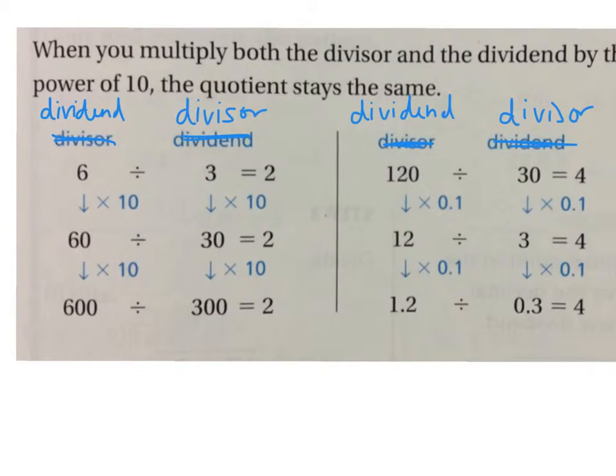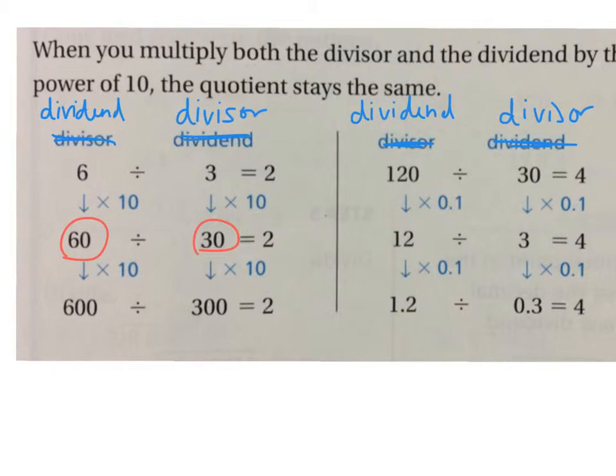If the dividend is 6 and the divisor is 3, the quotient is 2. Now if I take my dividend and I multiply it by 10, 6 times 10 is 60. And then I also take my divisor and multiply it by the same power of 10, which is 10. I get 30. 60 divided by 30 equals 2. Did the quotient change? No.